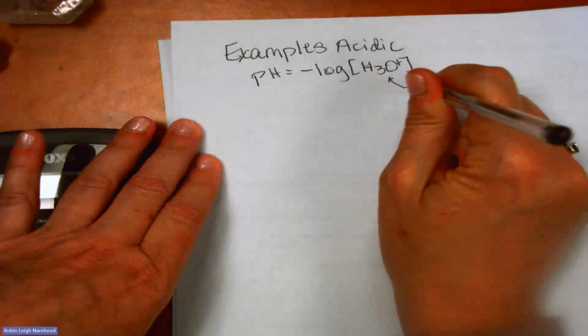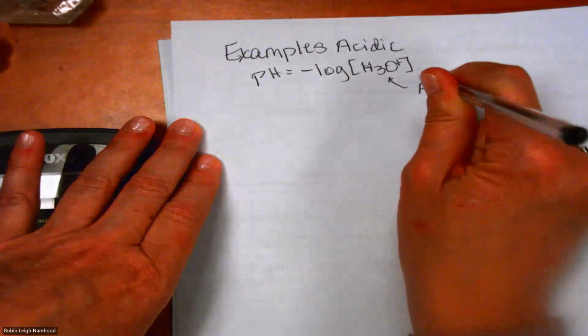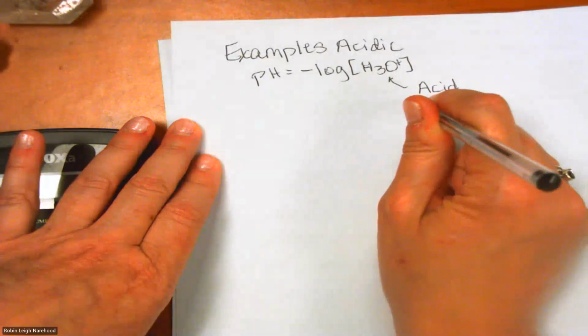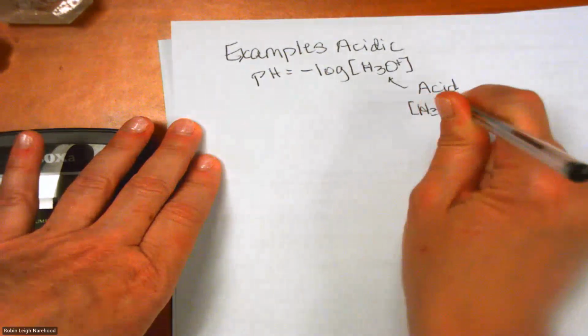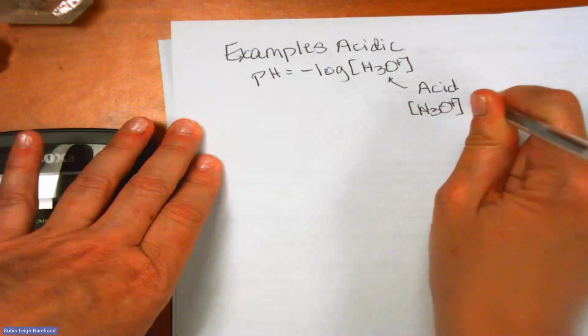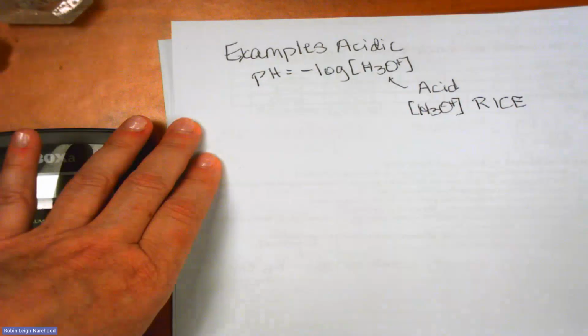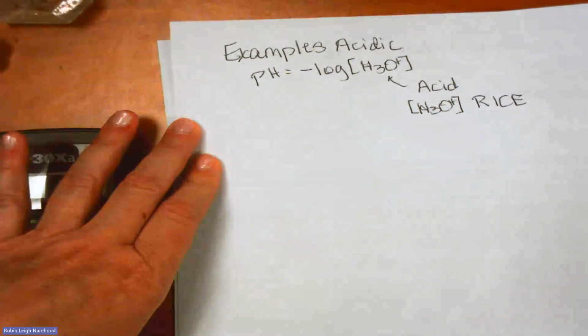And so for all of our examples, we should have the hydronium concentration available to use after we finished the Rice chart and all the calculations. And if it was equilibrium, we've solved for X. So we should have that.